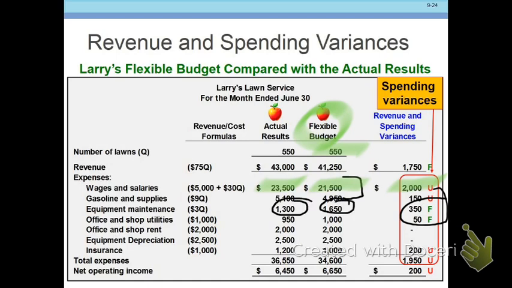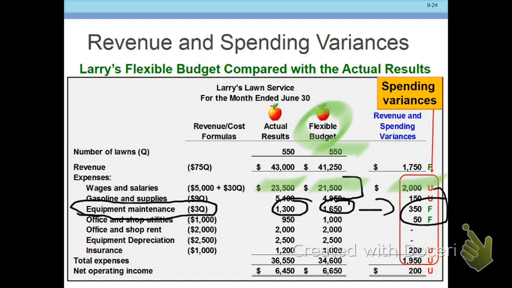We actually spent $1,300. That is a favorable variance of $350. Usually we think, favorable variance, that's a good thing. Quick word of caution: what we did is we saved money on equipment maintenance. Maybe we didn't have enough time to get the oil changed as appropriate or whatever.